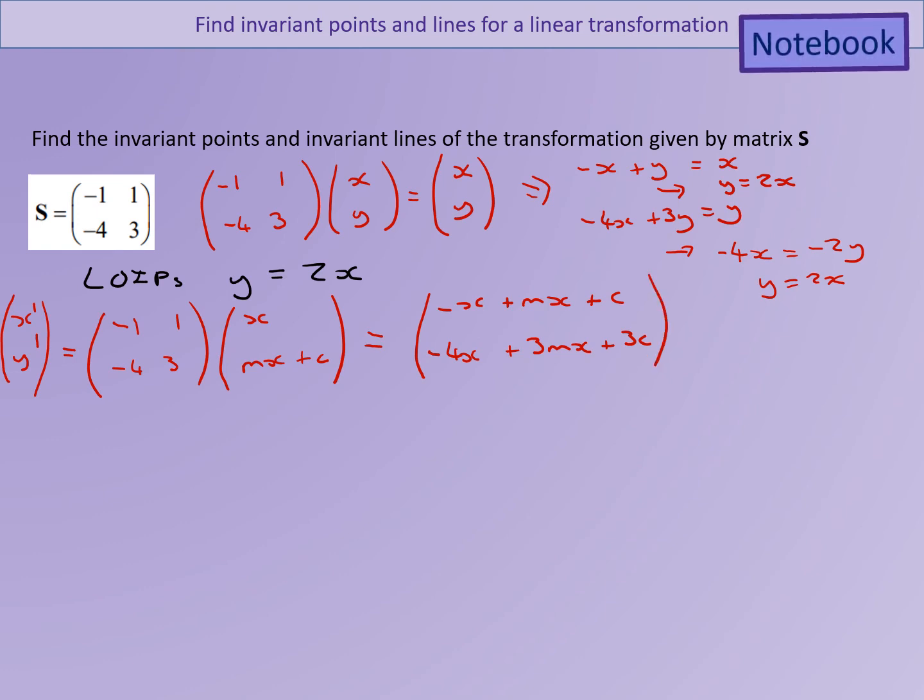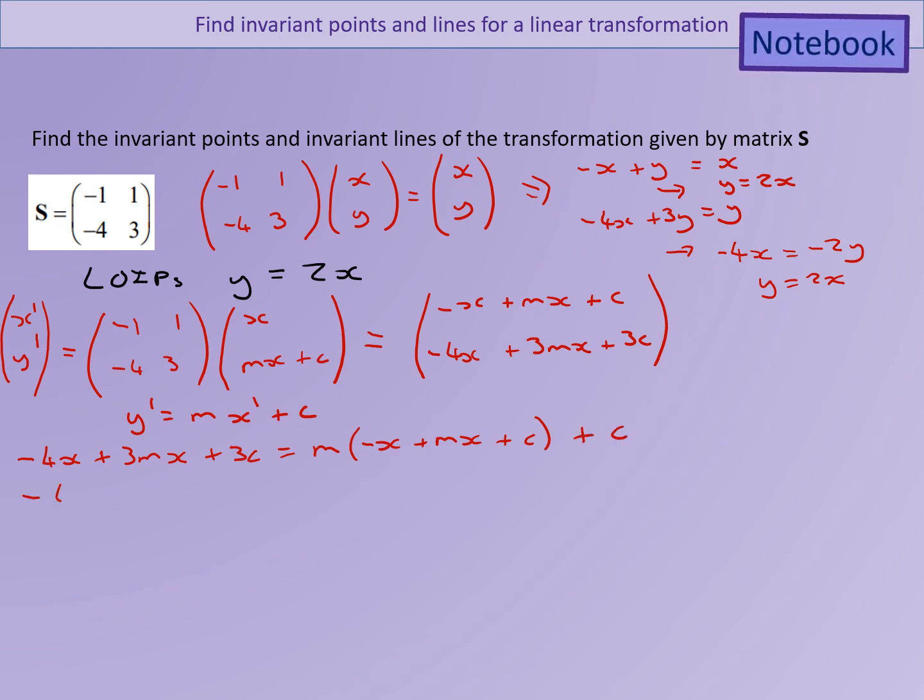So we are looking for lines that are unchanged by the transformation. Initially they were of the form y equals mx plus c, and after the transformation they are still in that form, y dash equals m x dash plus c. So we're going to substitute in y dash, which we found to be minus 4x plus 3mx plus 3c, equals m times the expression we got for x dash, which was minus x plus mx plus c, plus c.